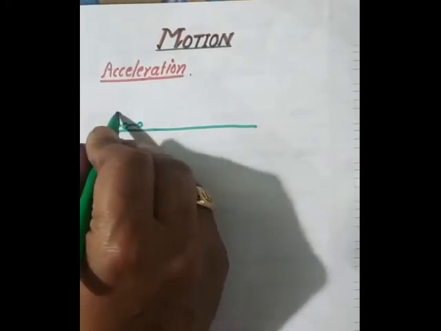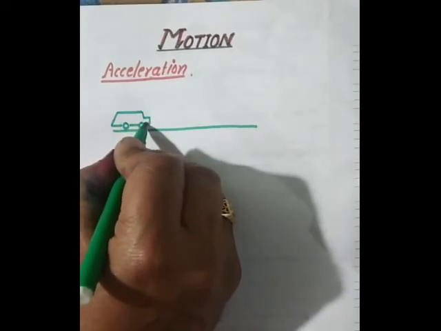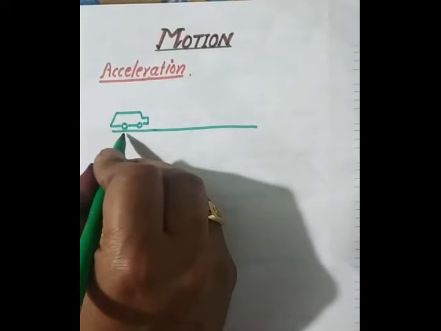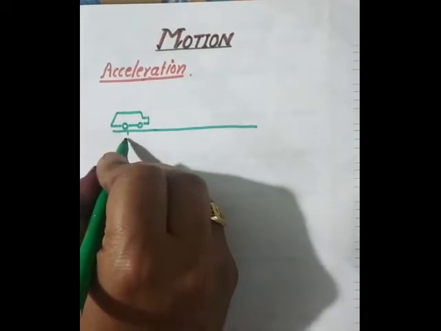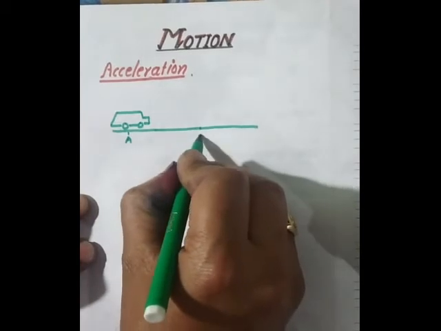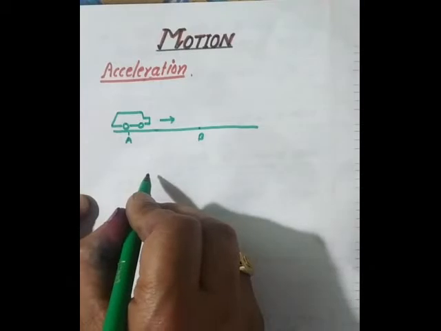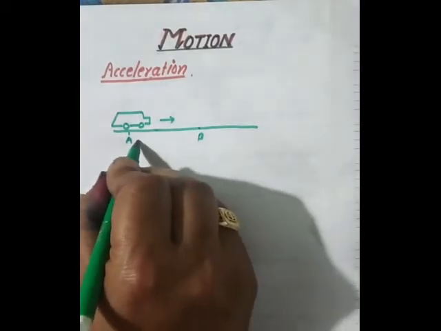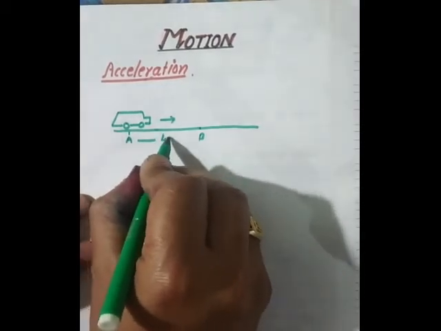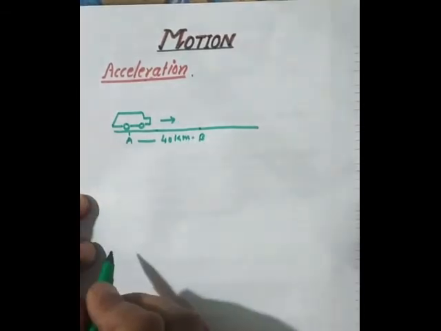This is a car moving from point A towards point B, and the distance between these 2 points is suppose 40 kilometer.